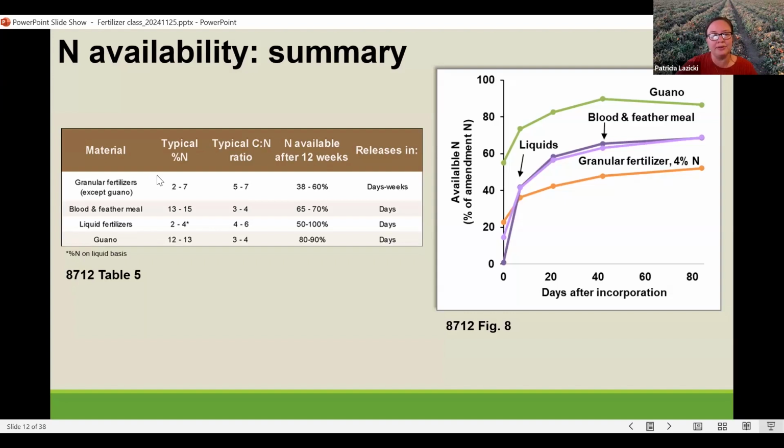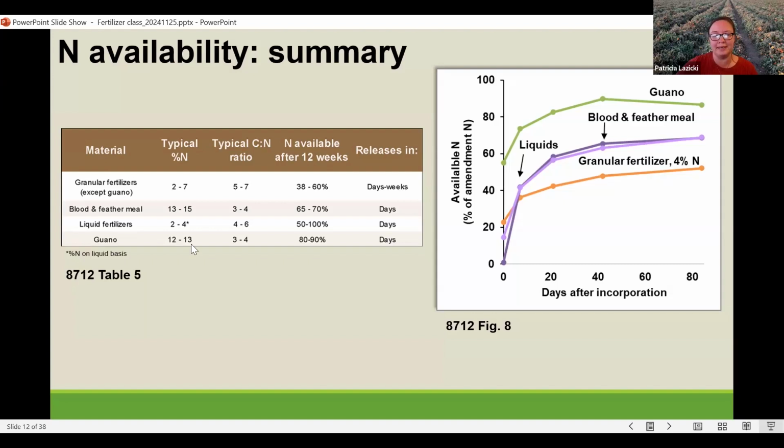A couple of things to notice from this graph. All of the fertilizers are fairly quick release, and the total N that you can expect to be available and the speed at which it becomes available are all going to be related to the percent nitrogen.